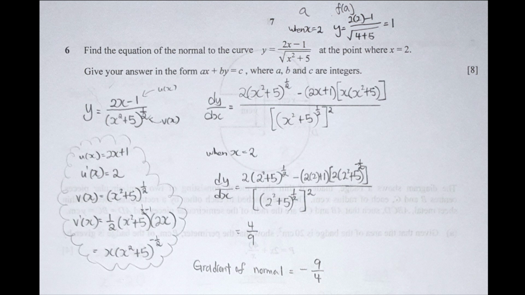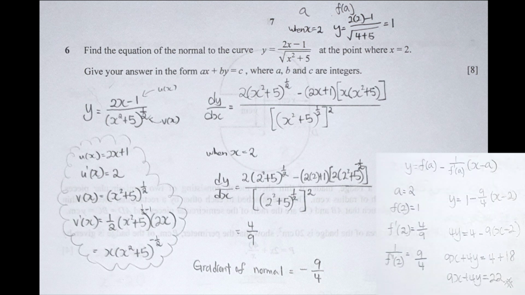I then move on to writing down the equation of the normal, which is y equals f of a minus 1 over f prime a bracket x minus a. So remember the a I identified earlier is 2, my f of a is 1, my f prime a is 4 over 9, and 1 over f prime a is 9 over 4.